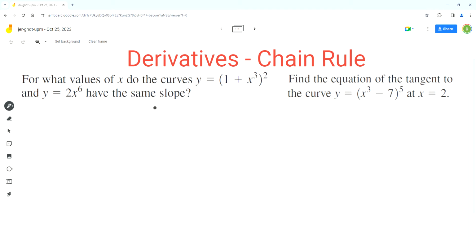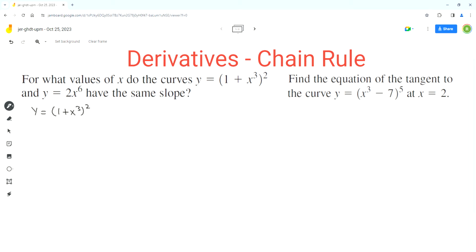That means we have to find the derivative for these two functions and then set them equal to each other to find the x values. So let's start with the first function, y equals (1 plus x cubed) squared.